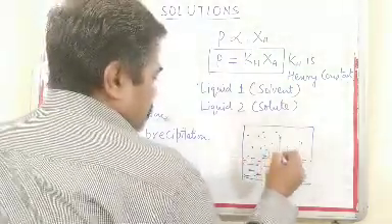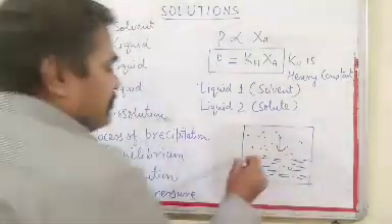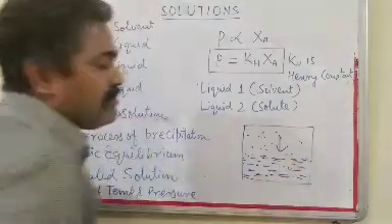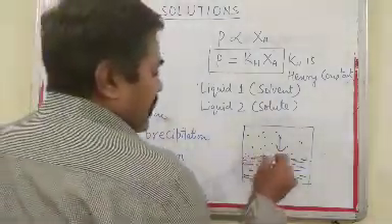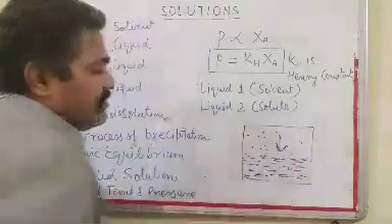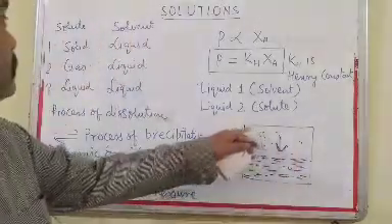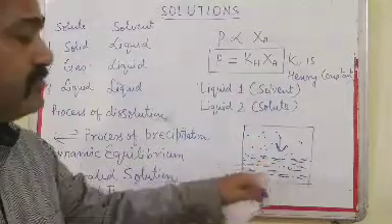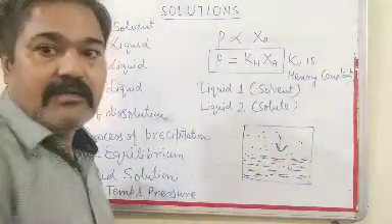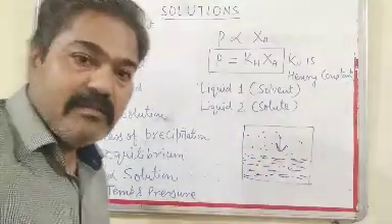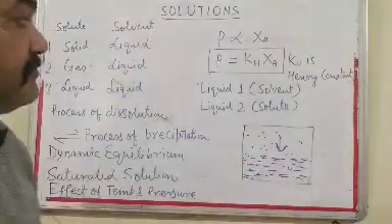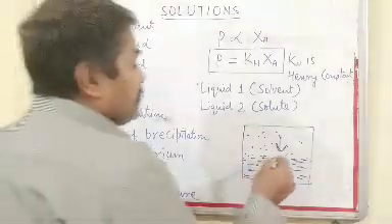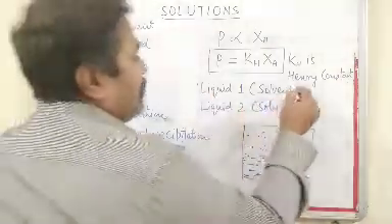This gas exerts a pressure upon the surface of the solution. The relation regarding this pressure exerted by the gaseous solute upon the surface of the solution is given by Henry's law.